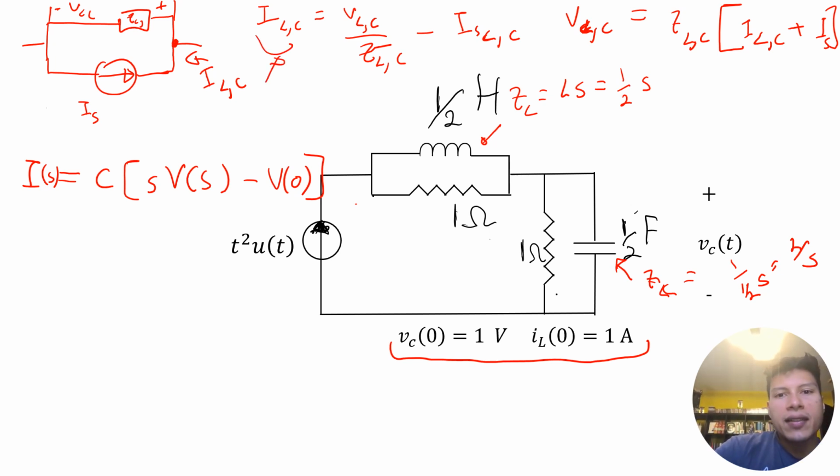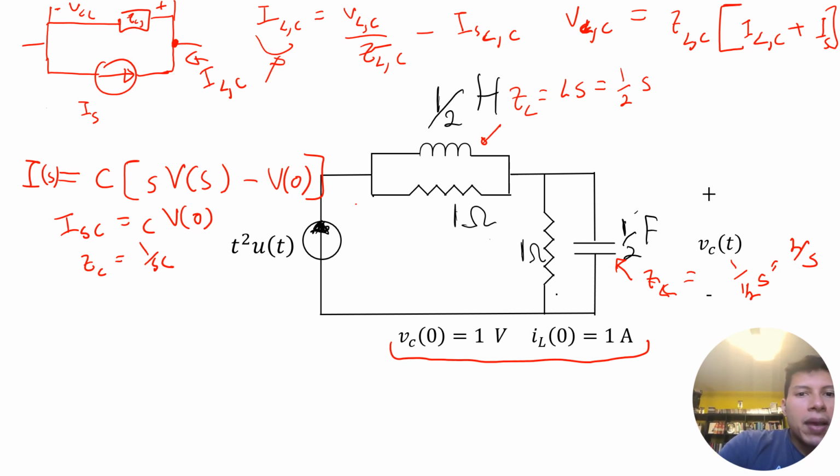And so that's going to give us that I_SC equals C times V0. And we already know the impedance is just 1 over SC.